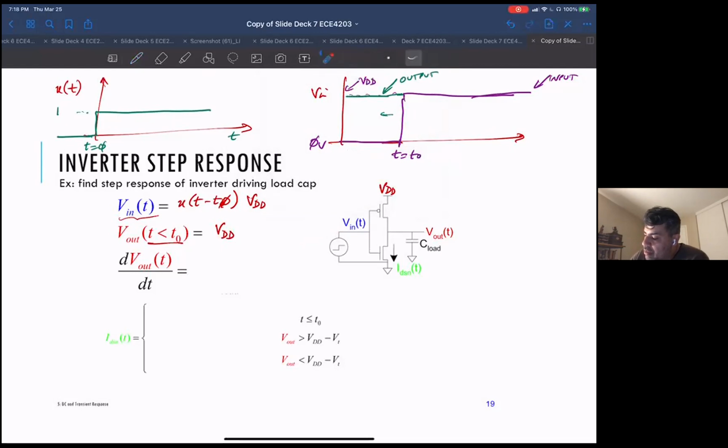If my input is zero, this guy's off, this guy's on, so it's making the output VDD. Now the question is what happens here. We know Vout is going to go from high VDD to ground somehow. The question is how.